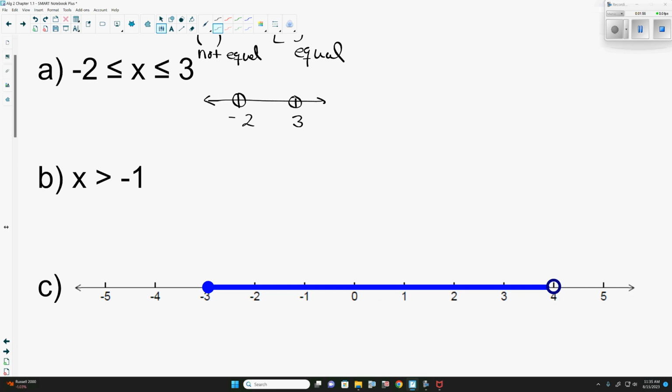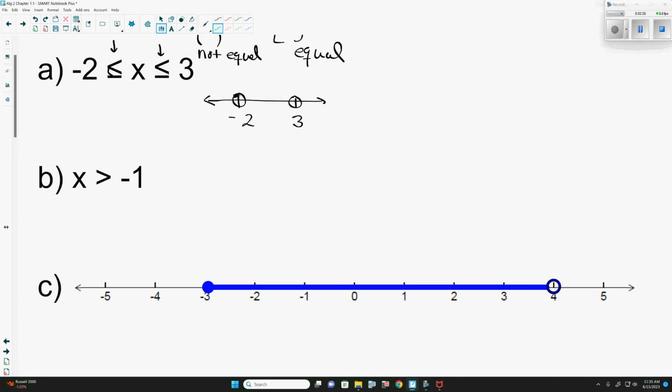Why would we say filled in or open? Because are they equal? Is x equal to -2? We have -2 is less than or equal to x, is less than or equal to 3.